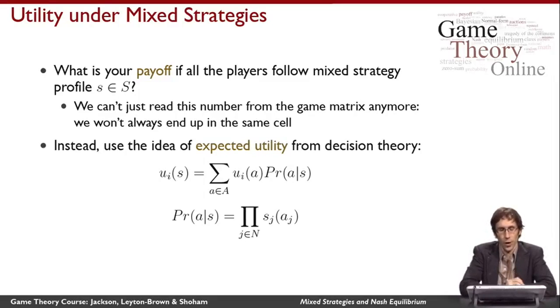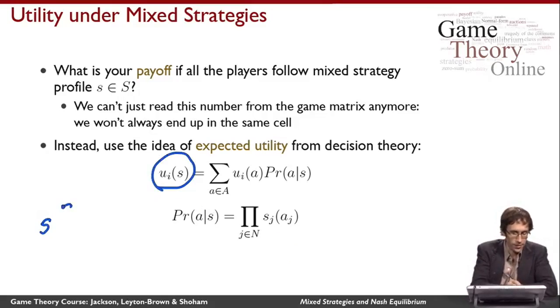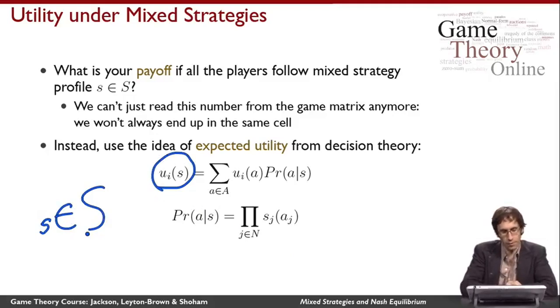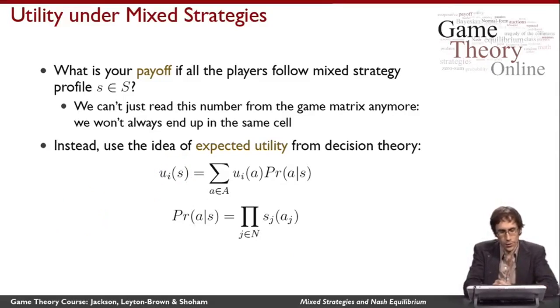So these equations explain what this means. It looks a lot more complicated than it is. So what I'm saying here is that i's utility under mixed strategy profile s, where little s is some element of the set of all possible mixed strategy profiles, big S, is equal to the sum over all action profiles in the game.